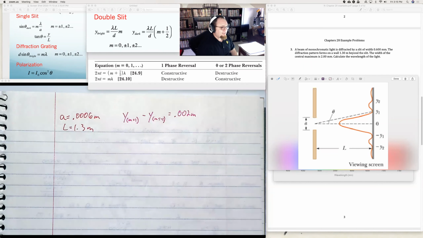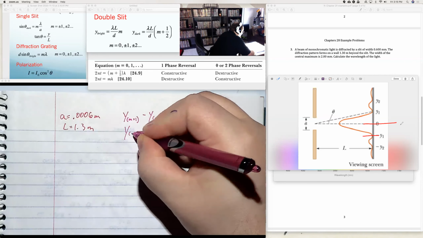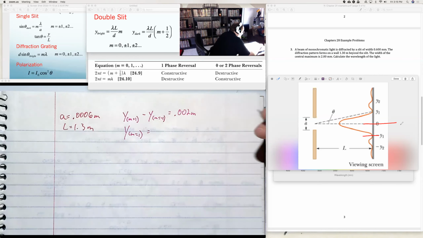If going from here to here is 2 millimeters, I can just as easily say that going from one of the sides to the middle is 1 millimeter. It will be halfway. Basically, I'm going from diameter to radius. So I'm just going to say y for when m equals 1 is 1 millimeter.